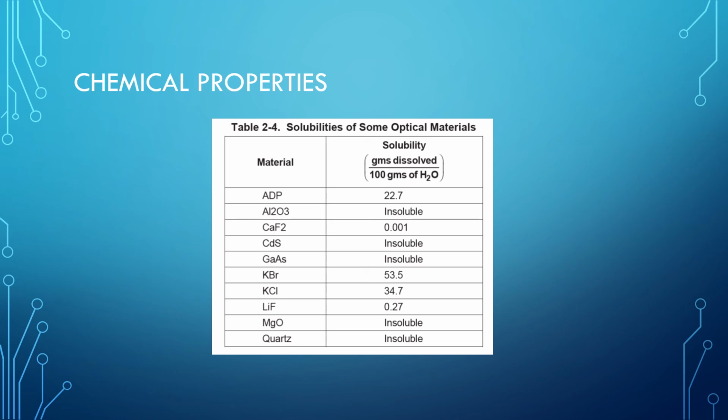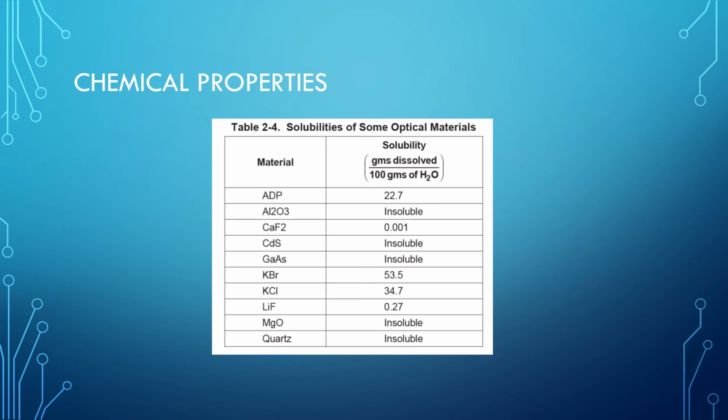Similarly, water vapor actually can start to dissolve certain crystal windows, such as sodium chloride or sodium bromide. Glasses are not soluble in water. The solubilities in water of some of the crystalline and amorphous materials are shown in this table, and it's in terms of grams of material dissolved per 100 grams of water.